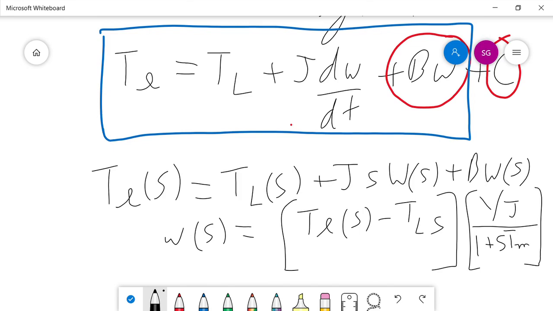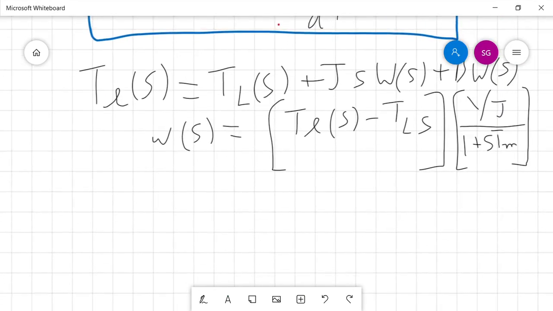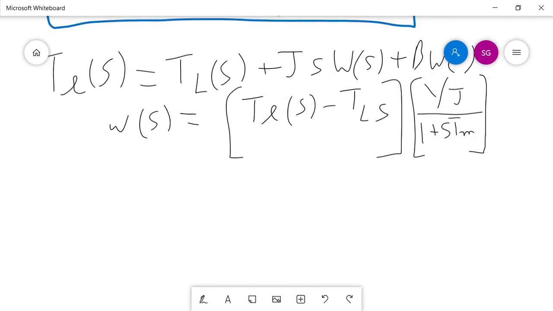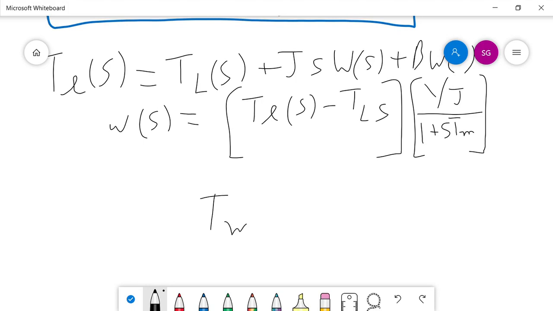You can see it is very similar to the electrical dynamic equation which we derived. So what is this Tm? Here Tm is J by B, and what was Ta? Ta was equal to La by Ra.